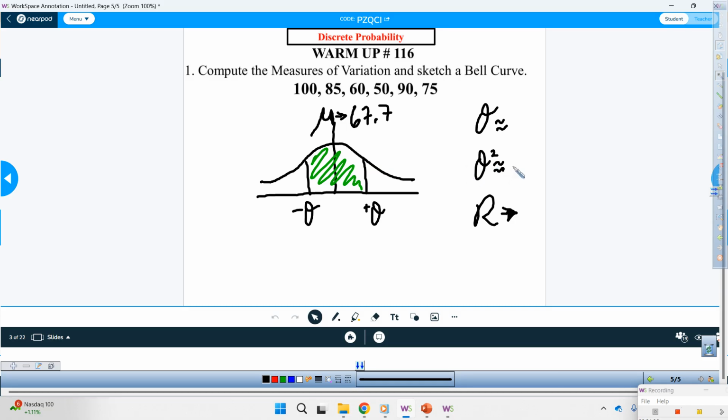What'd you get? 356.7. Pretty close. Standard deviation, pass someone. Mel, what'd you get for standard deviation? 18.88. I'll leave it at 18 point, I'm gonna round it up, 18.9. Hands if you got close to that, minus one or plus one.